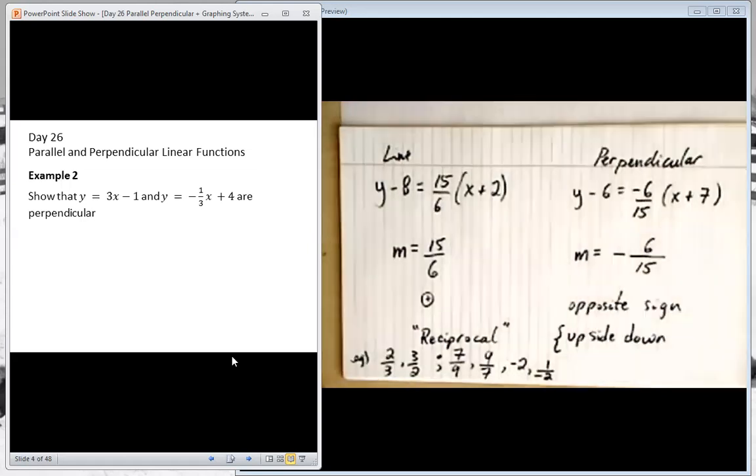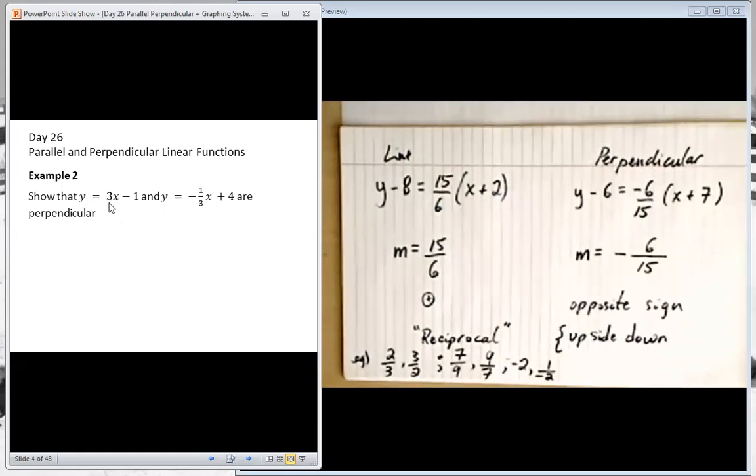Next example, look at these ones, just to make sure. Slopes only there. 3 and upside down, reciprocal, 1 over 3, opposite sign. What's that? Minus 3 over 1. Oh, 3 over 1 to start with.